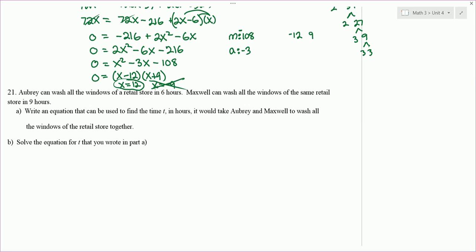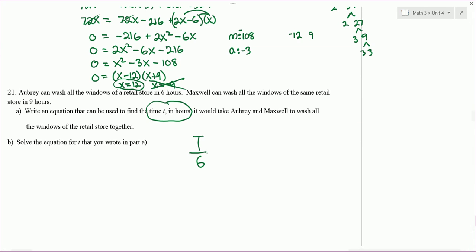Well, so T is how long they're working. Okay. So if Aubrey works T hours, she's completed, I'm going to use a capital T, she's completed T over 6, that's the amount of the job she's completed.